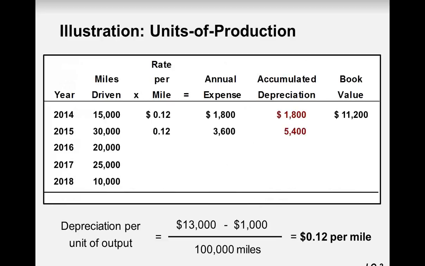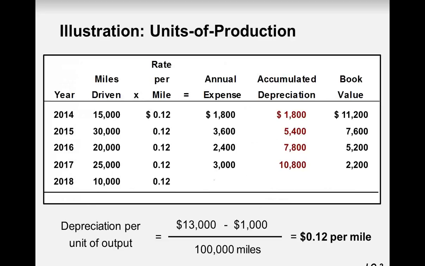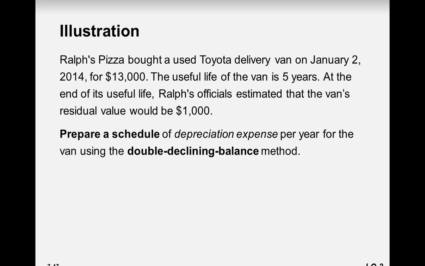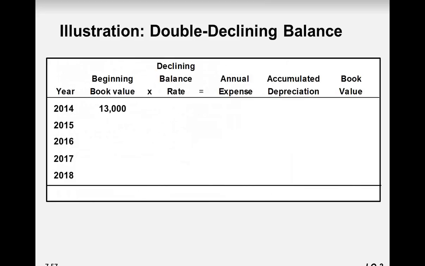And these are also in your book. If you are reading your book, you see these examples. And last, double declining balance. Again, the rate remains constant.